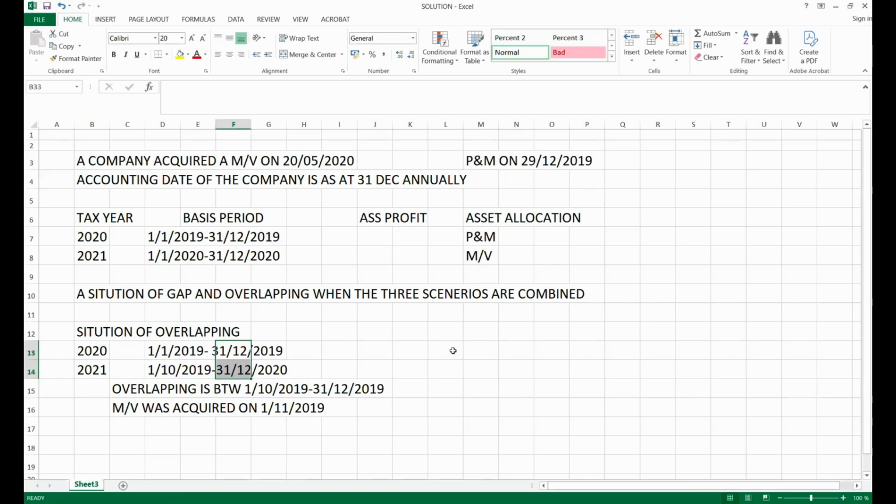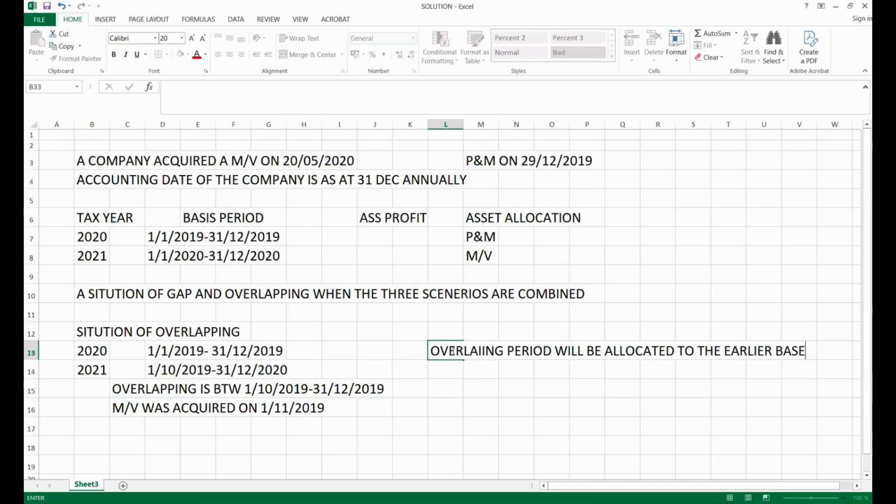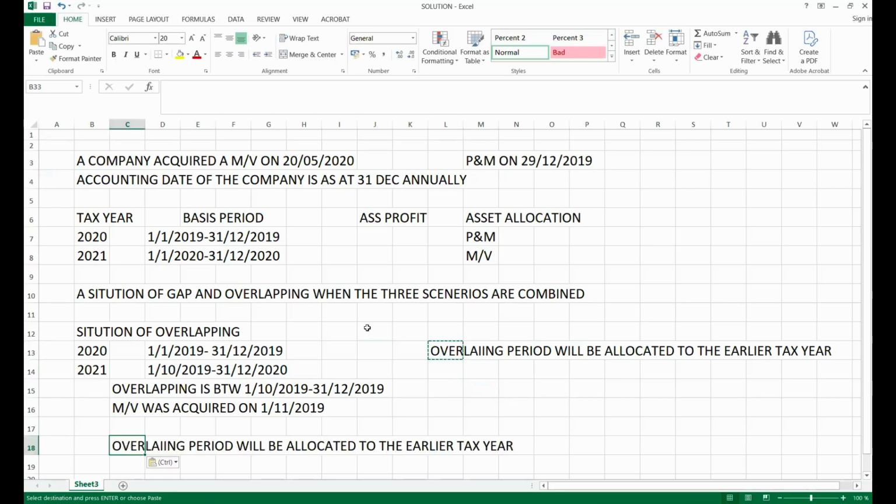the overlapping period will be allocated to the earlier tax year.